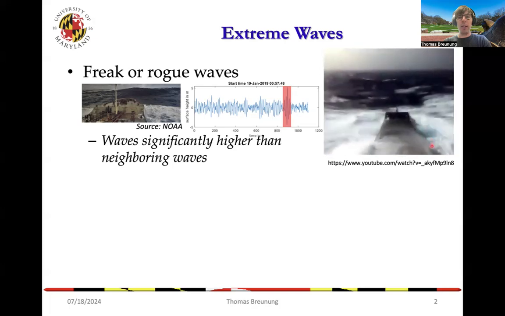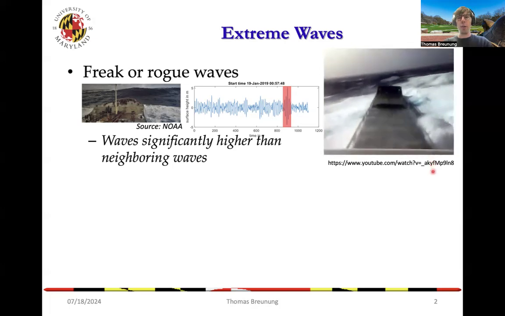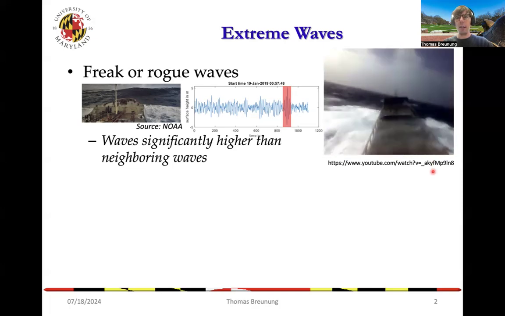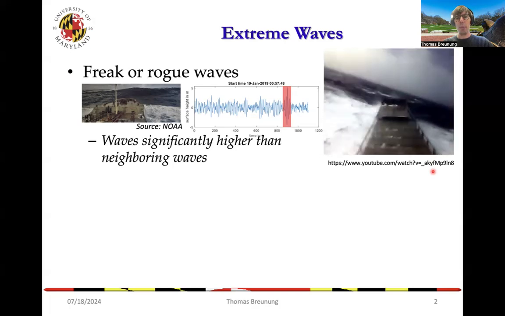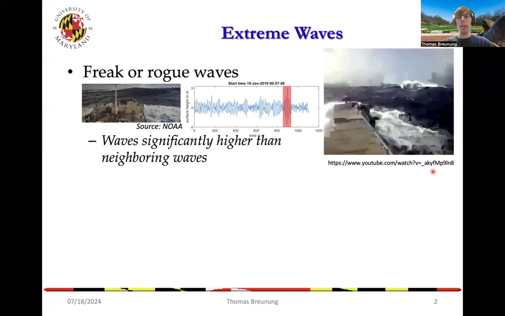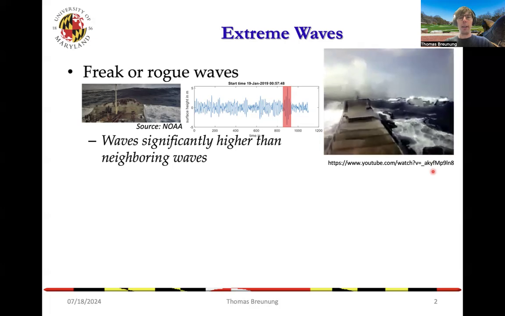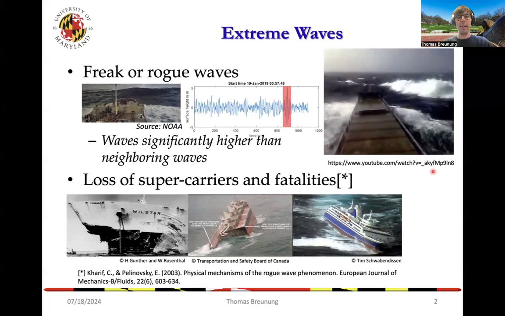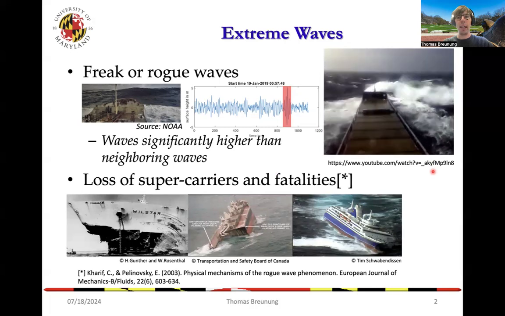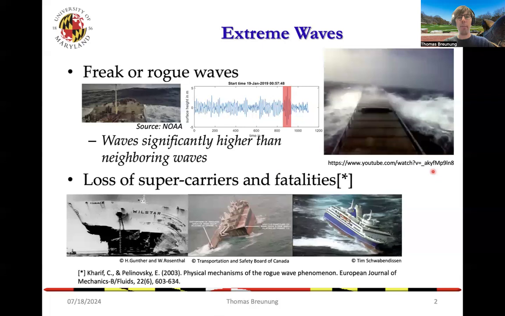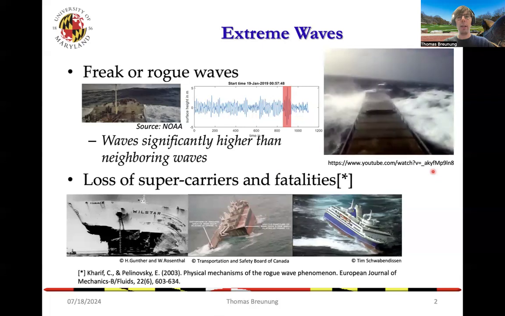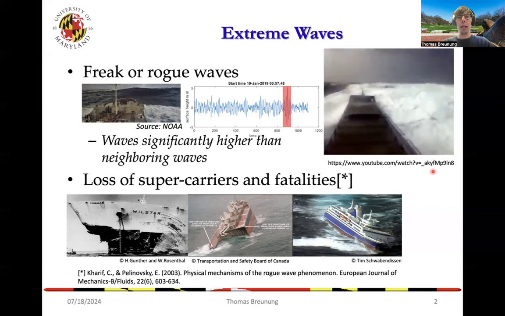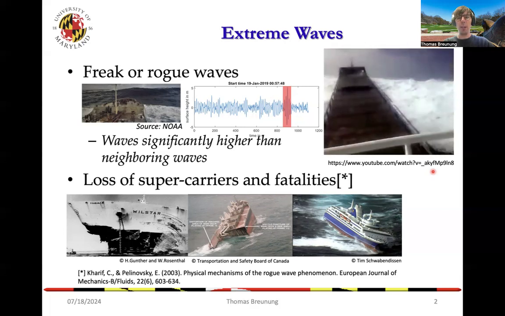From this video, we can already sense the sheer forces and pressures acting on the ship hull, which is clearly not ideal. While this ship could continue its journey without any visual harm, others were not so lucky. The loss of supercarriers and serious injuries of sailors and passengers have been linked to the occurrence of rogue waves. So this inspired quite some research efforts into studying and understanding the formation of rogue waves.